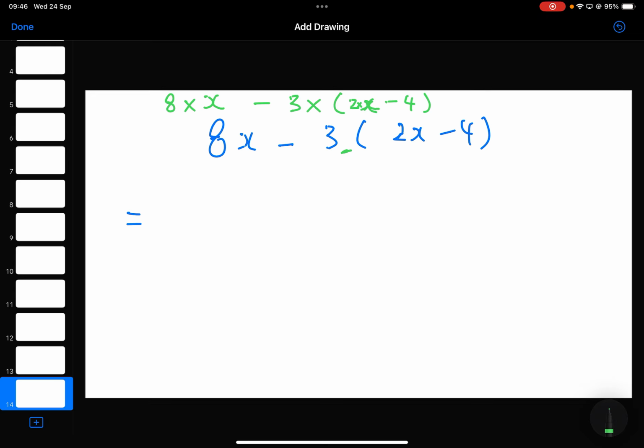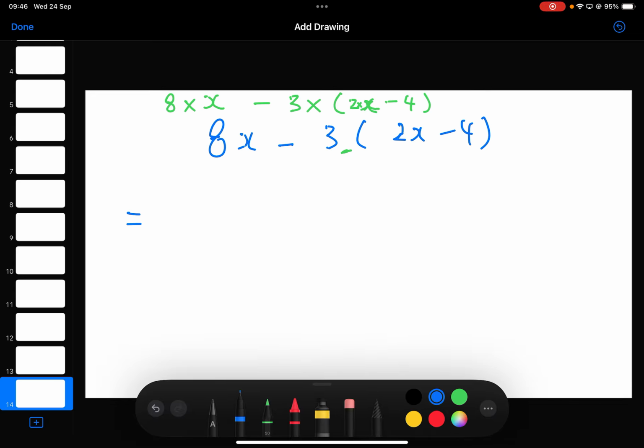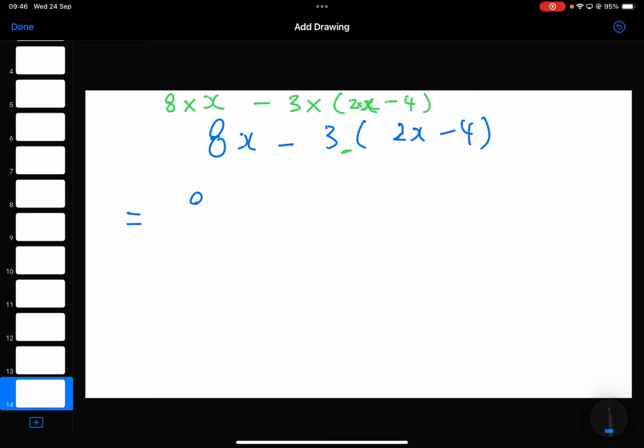Okay, so how would I approach this question? 8x, I can keep it first. Then I am subtracting 3 times of this bracket. 3 times of this bracket means inside the bracket got 2 things. If I want to subtract 3 times of this bracket, means I have to subtract 3 times of everything inside the bracket. So I have to subtract 3 times of 2x.